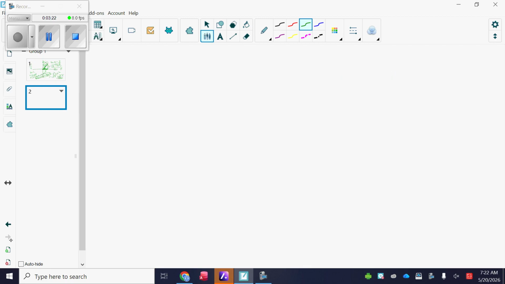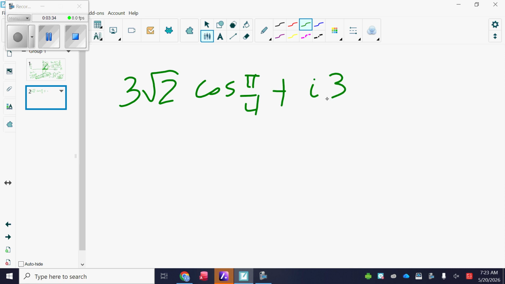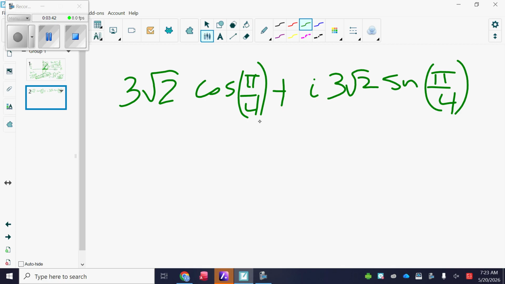Choosing the answers from A, B, C, D, E. The way A is written, and I think A is the correct answer, the r, 3 radical 2, is distributed already. So rather than write the 3 radical 2 on the outside, it's written on the inside. So check this out.